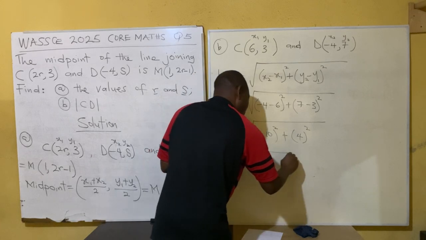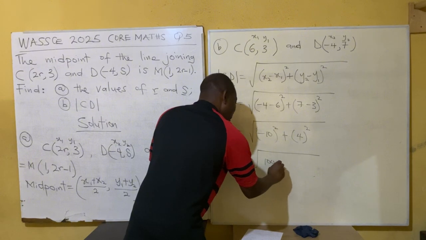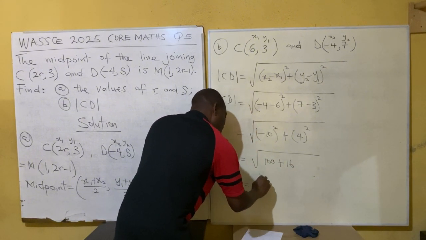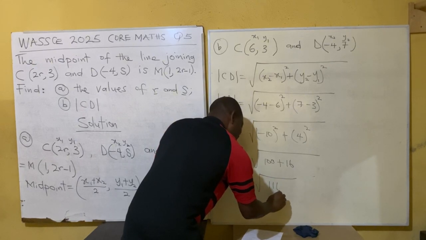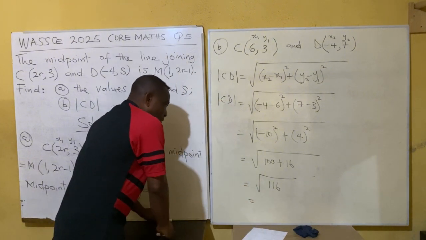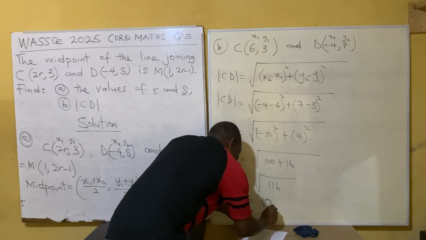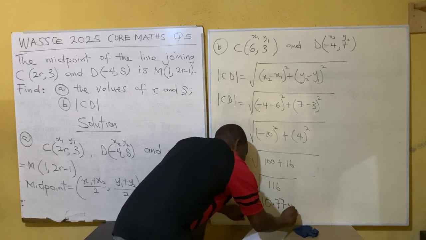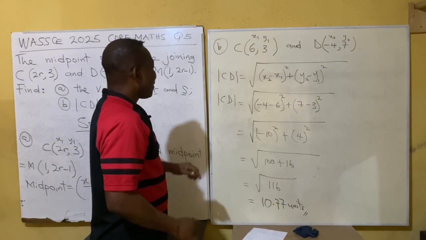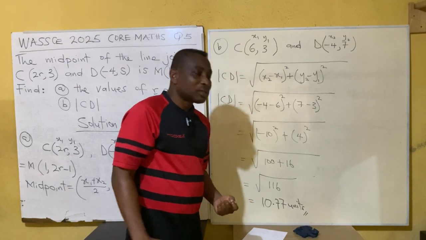So this is equal to the square root of 100 plus 16, which is the square root of 116. If you find the square root of 116, you are going to get 10.77 units. Therefore, the magnitude CD is equal to 10.77 units.